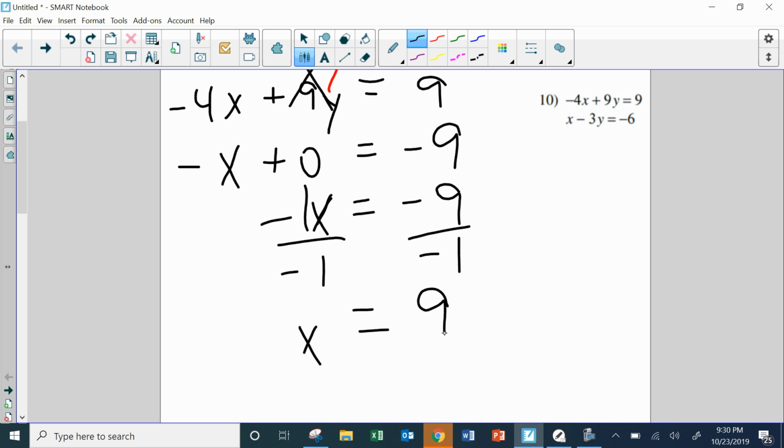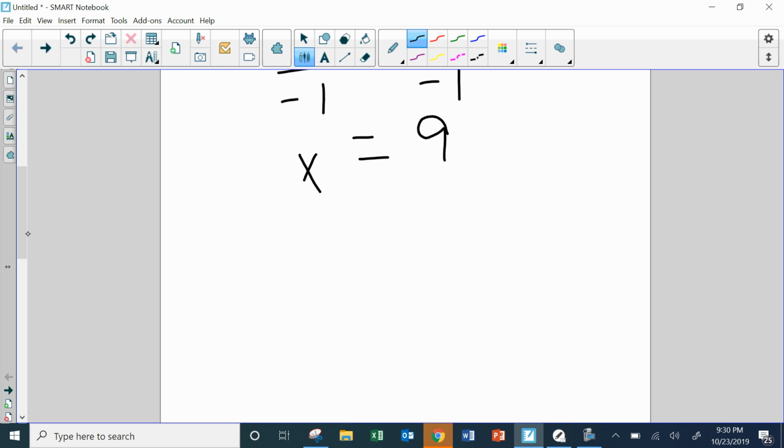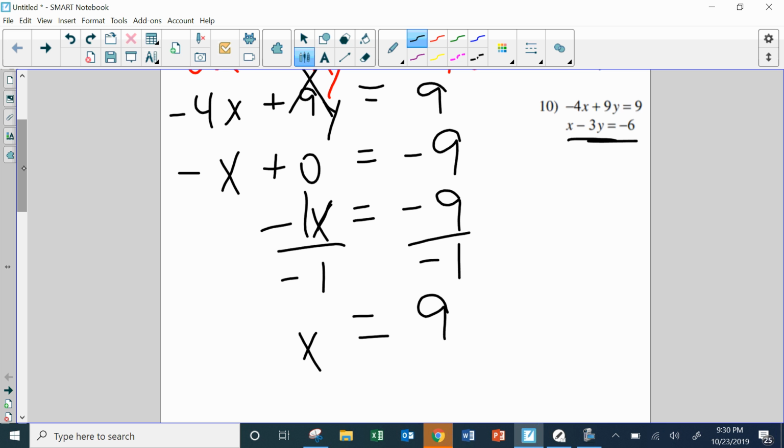I need to solve for y. I can plug it into either equation. So I see x subtract 3y equals negative 6 right here. This is the system of equations, number 10. So if I know that x is 9, I'm going to go to green. Well, I know that x subtract 3y equals negative 6.